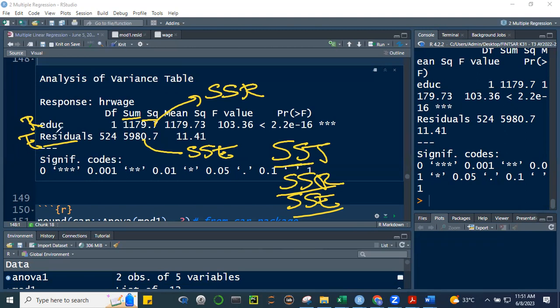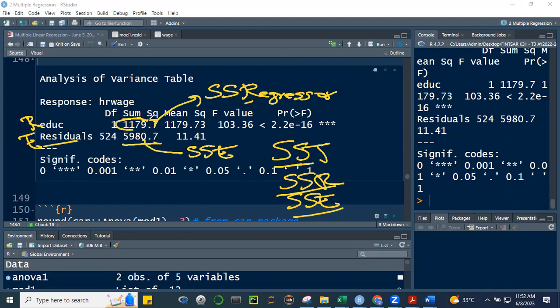For education, which is our regressor, this is your SS regressor. Just be careful, because some texts call the residual one SSE and the other the reverse. Depending on the text that you're reading, in our case this will be your SSR.